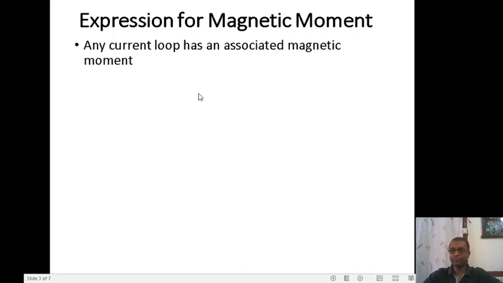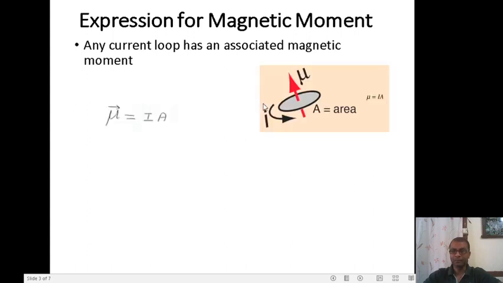Any charged particle in circular motion constitutes a current loop, and from classical electrodynamics, we know that any current loop is associated with a magnetic field of its own, and hence a magnetic moment.